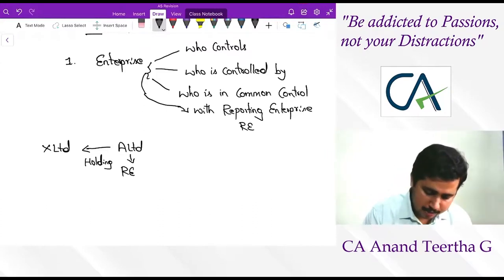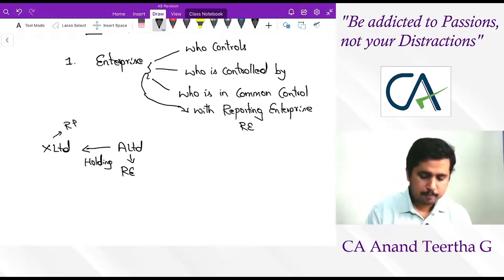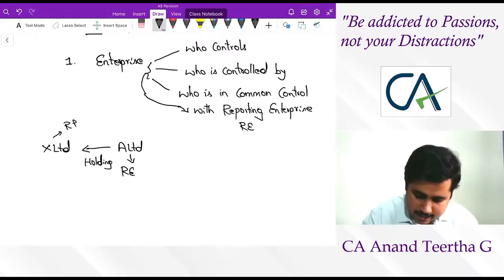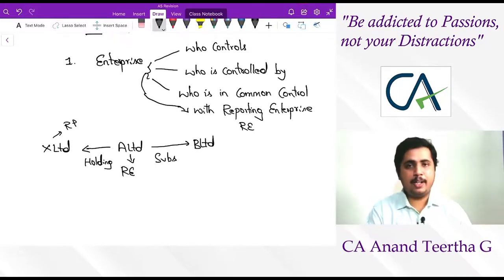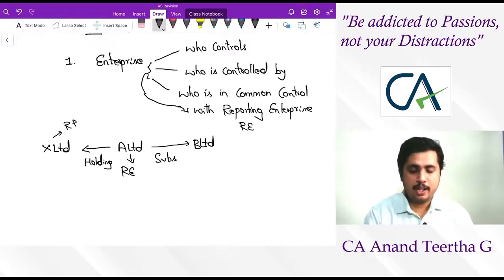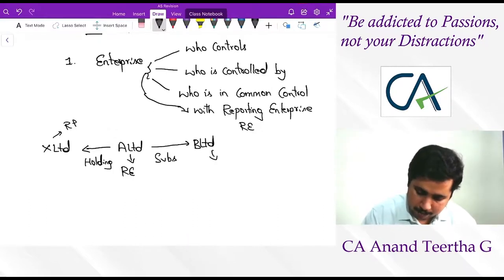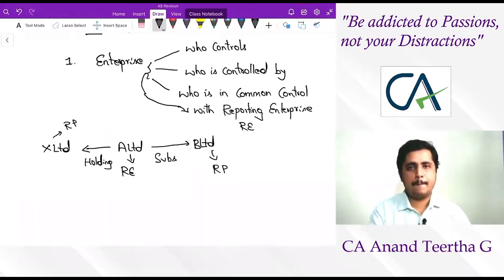So therefore, this became related party. Then say A Limited also has a subsidiary, say B Limited. And what is happening now? There is an enterprise which is controlled by reporting enterprise. So automatically what happened? Even B Limited is related party.